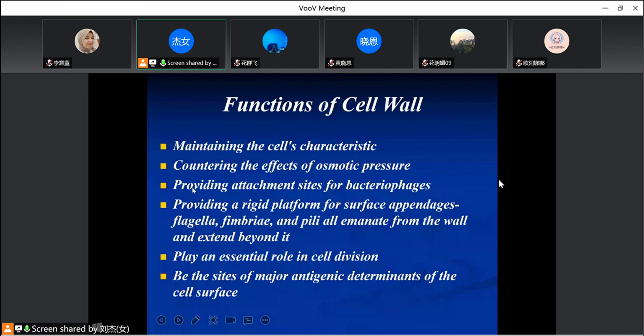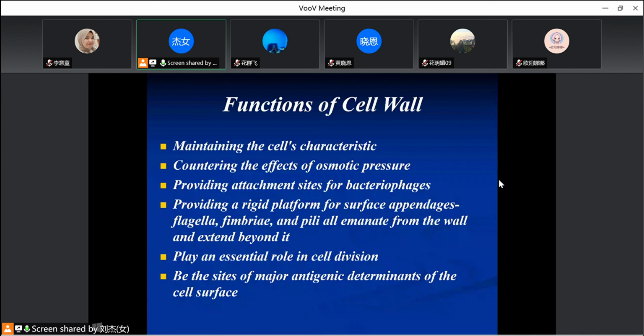It can provide an attachment site for bacteriophages. What's more, it plays an essential role in cell division and is the site of major antigenic determinants of the cell surface. So that is the structure and function of the cell wall.